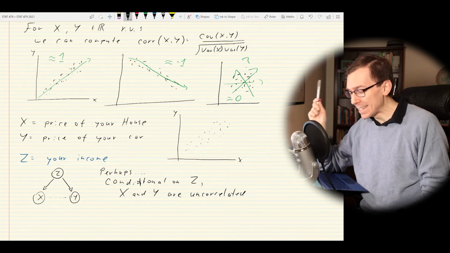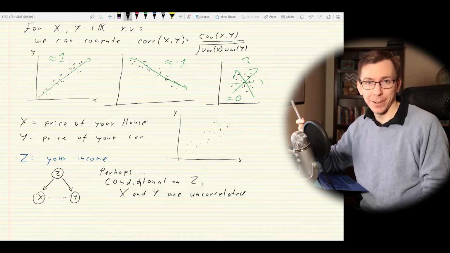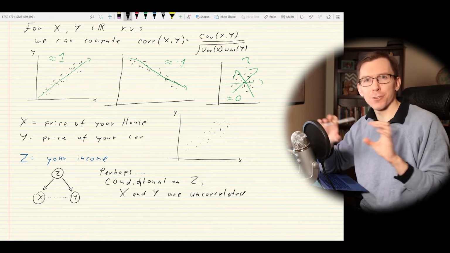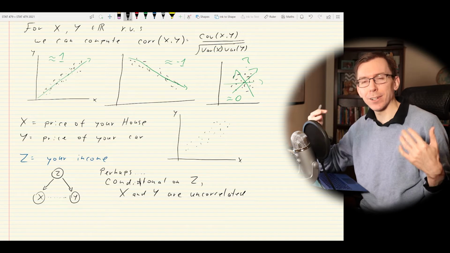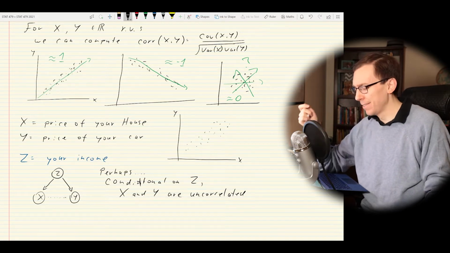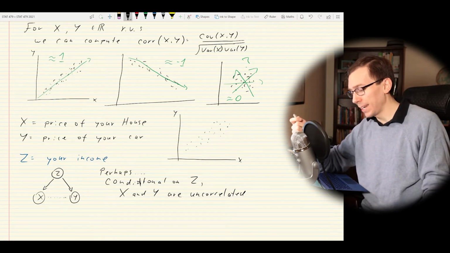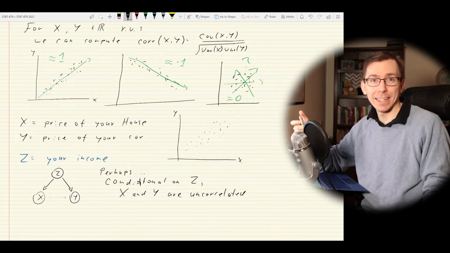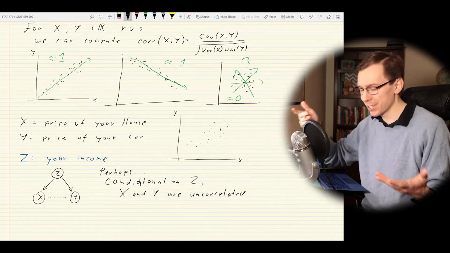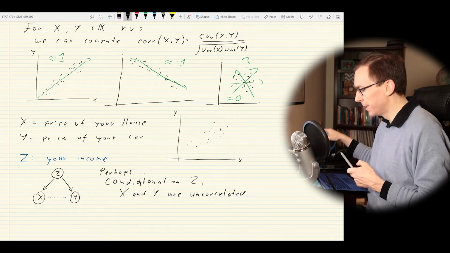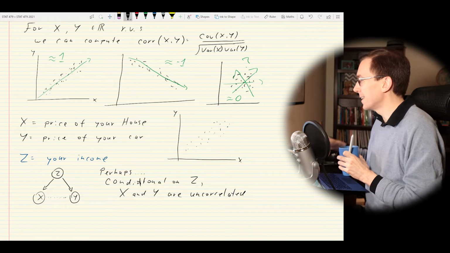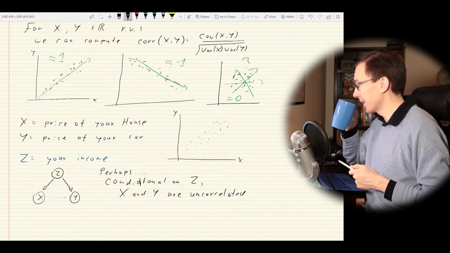But if we condition on a third variable, in this case, the person's income, then we can kind of destroy or remove that correlation. The fact that these two variables are only correlated because the person we're considering either has a lot of money or only has a little bit of money to spend on such things. So we're going to take this notion and we're going to extend it into a time series setting.